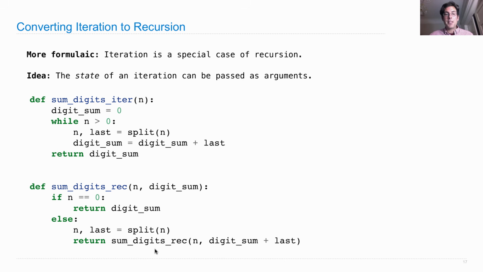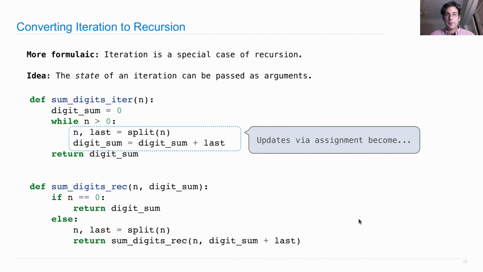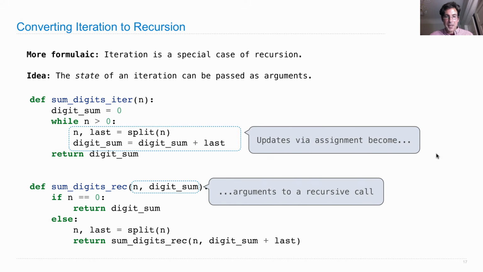So we make the recursive call sumDigits_rec on n, which is bound to all but the last digit of what was passed in, and then digit_sum plus last is the sum so far. So updates via assignment become arguments to a recursive call, and this can be done quite generally for every iterative implementation.